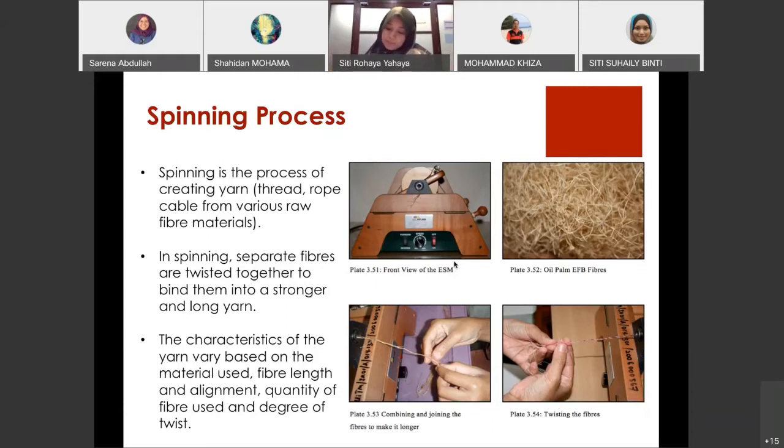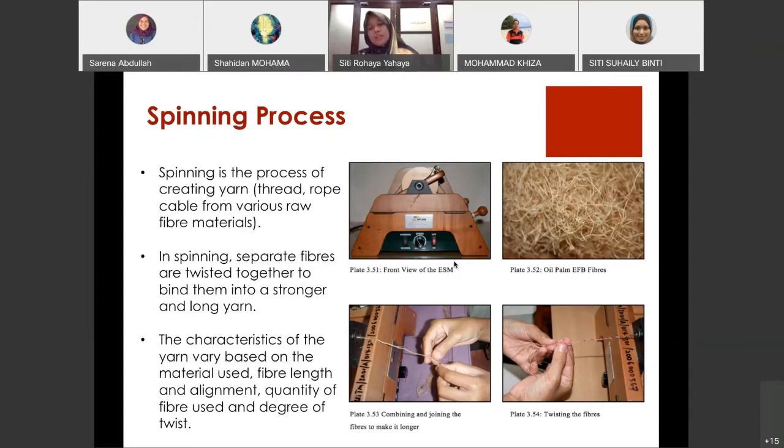In this spinning process, the rough, thick texture and the inconsistent length of the test material result in breakage of the fiber during spinning. The characteristics of the yarn vary based on the material used, fiber length and alignment, quantity of fiber used, and degree of twist.